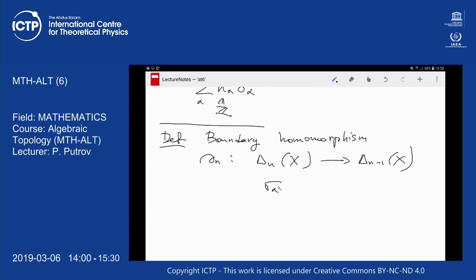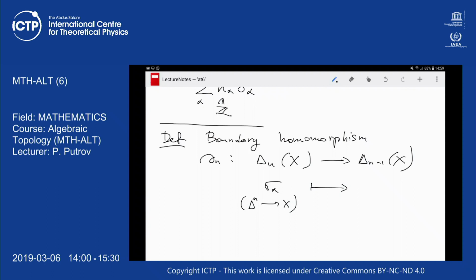It's enough to define the action on all the generators, and the generators are maps sigma alpha from delta n to X.